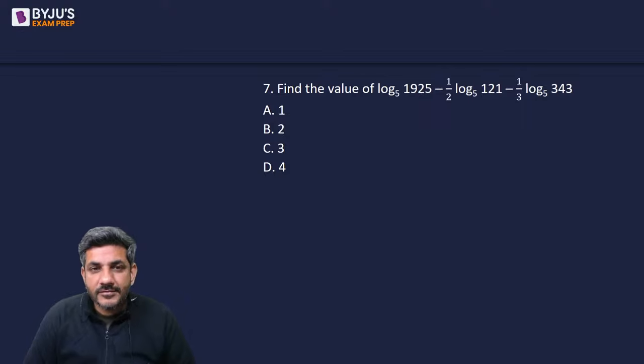Find the value of this expression: log of 1925 with base 5 minus half log 121 with base 5 minus 1/3 log 343 with base 5.